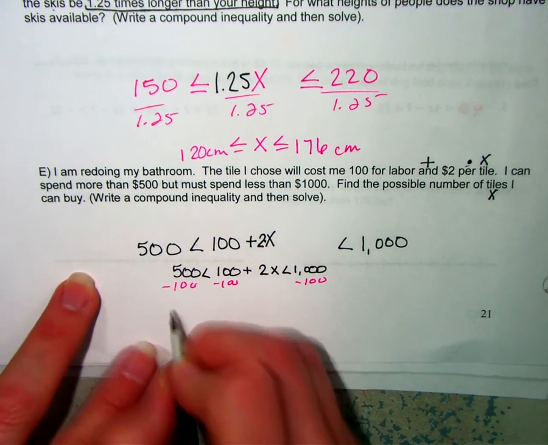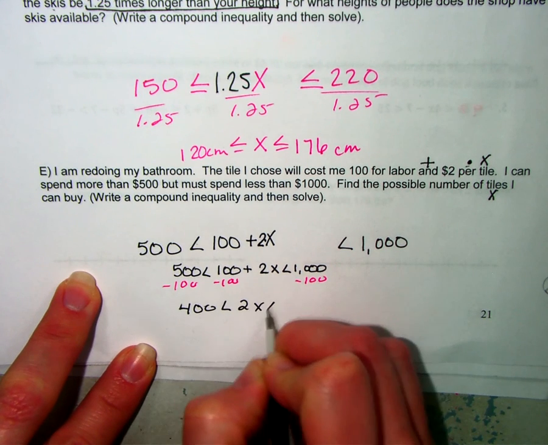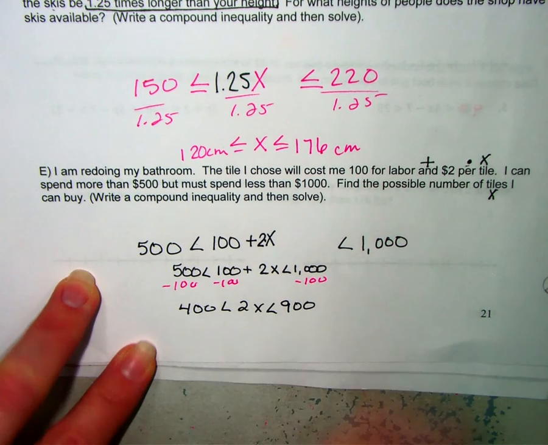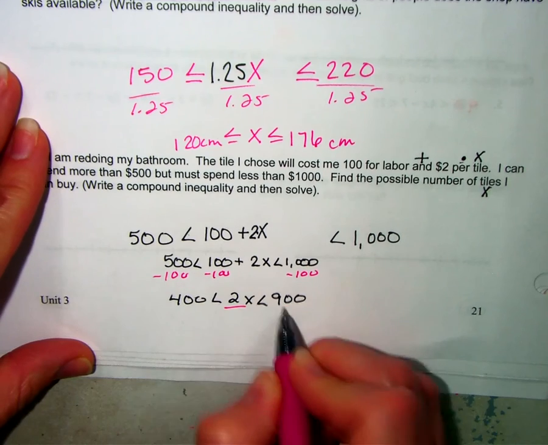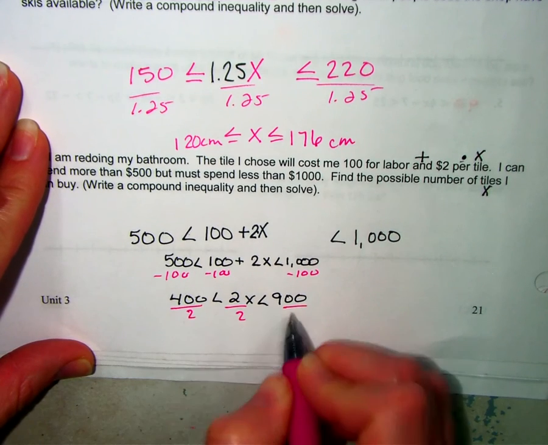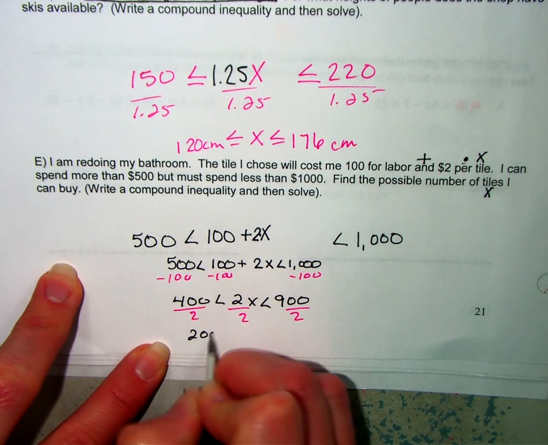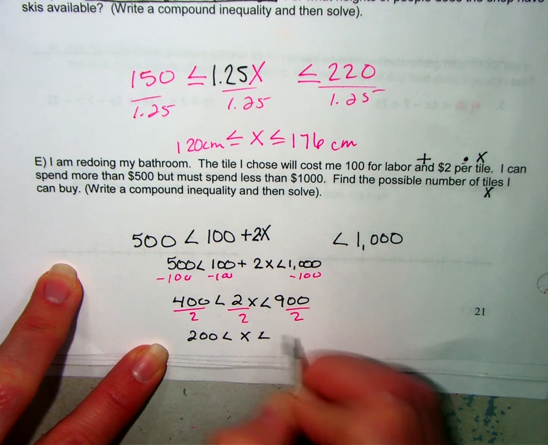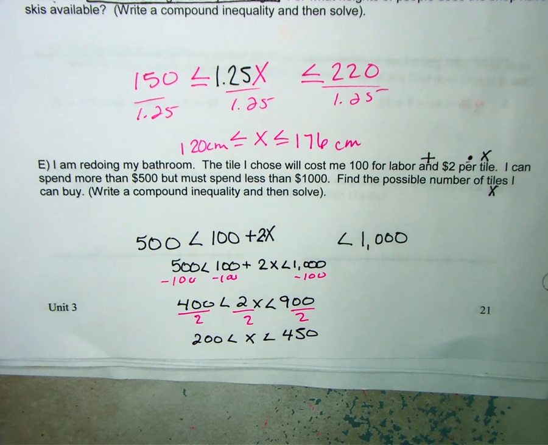So that would be 400 here, 2x, and then 900. And then you would divide by 2. So dividing that by 2 is 200x, and then 450. There's your 2 answers there.